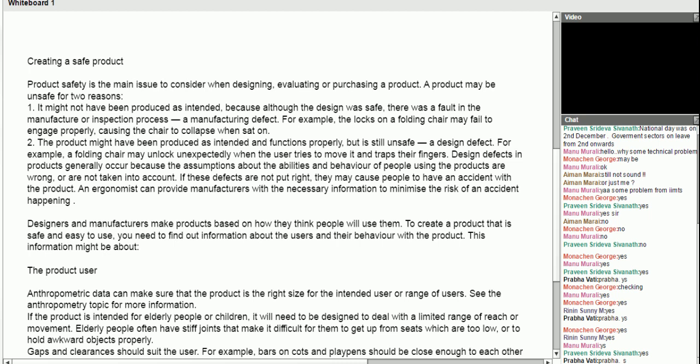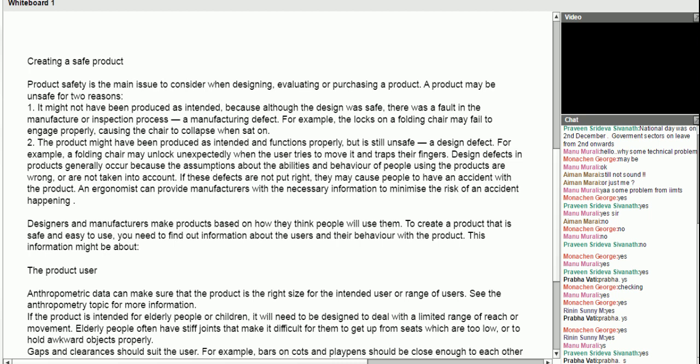For example, a folding chair may unlock unexpectedly when the user tries to move it and traps their fingers. Design defects in the product generally occur because the assumptions about the abilities and behavior of people using the products are wrong or are not taken into account. If these defects are not put right, they may cause people to have an accident with the product.